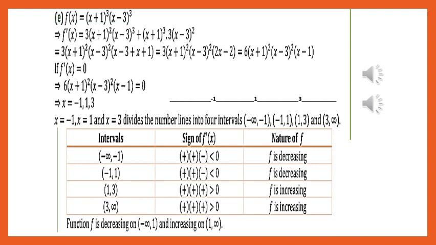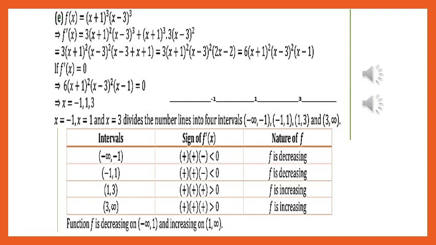So that into x minus 3 plus x plus 1 equals 3 x plus 1 whole square into x minus 3 whole square multiplied by 2x minus 2. Can take 2 outside. So 3 into 2, 6, multiplied by x plus 1 whole square into x minus 3 whole square into x minus 1. Now f dash x equal to 0 implies x equal to minus 1, 1, 3.